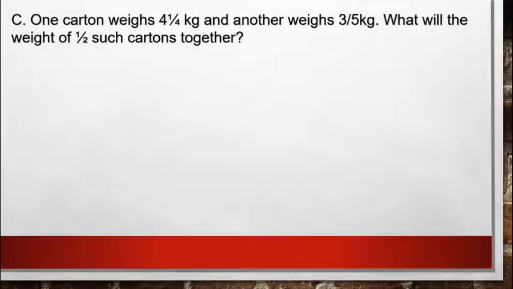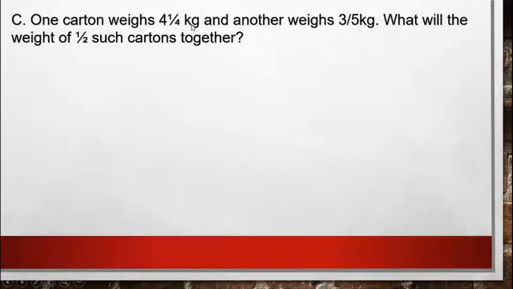We have one carton that weighs 4 and 1/4 kilograms and another that weighs 3/5 kilogram. What will be the weight of 1/2 of such cartons together? Okay, there is the word together.